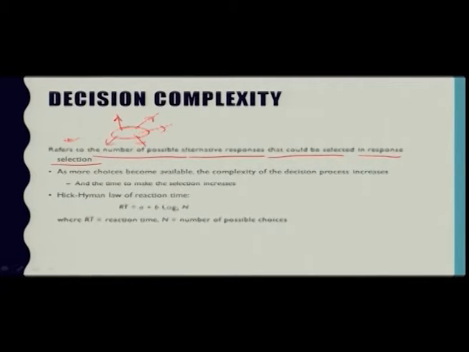As more choices become available to the decision maker, the complexity of the decision process increases, and as the complexity of the decision process increases, the time to make the selection also increases. It follows that as decision complexity increases, time to make the selection will increase.